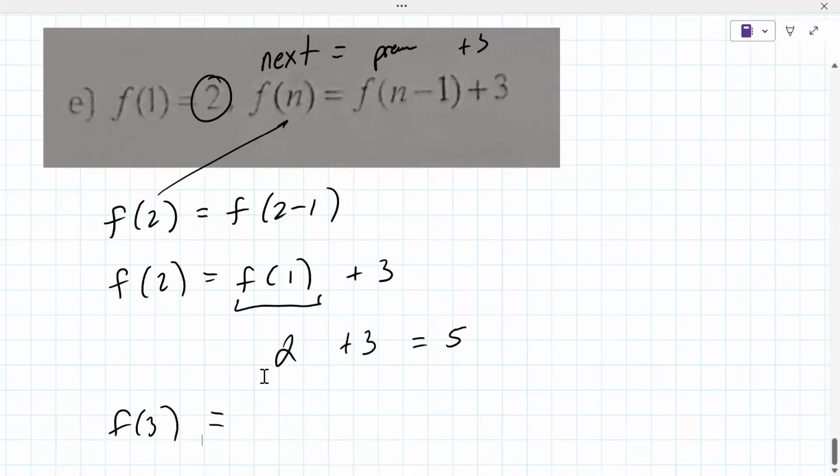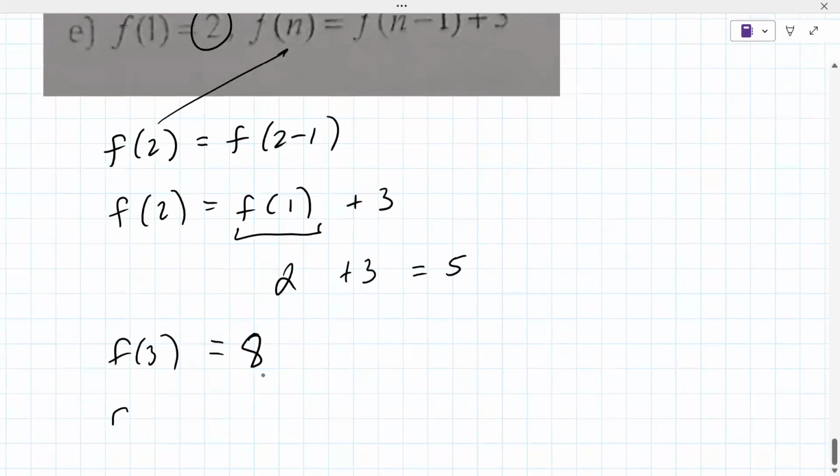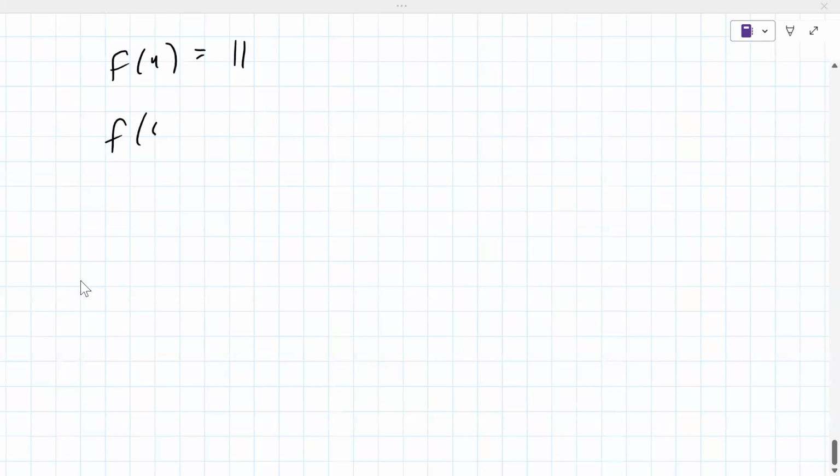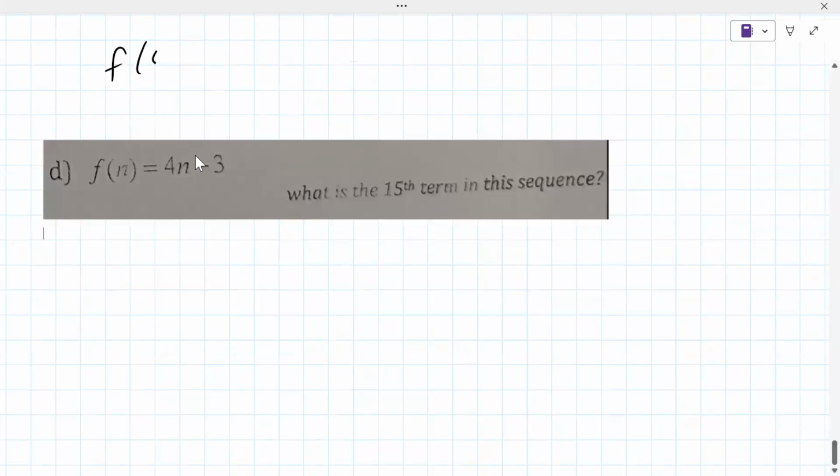What's your f of 3? I'm sorry, I missed that. 8. Yep. And then f of 4, 11. And then f of 5. Well, you actually don't need to do that. Okay, good. All right. Now there's this thing off to the right here, which says what is the 15th term of the sequence? It's formatted weirdly, referring to the last one. Do you think that refers to this or something else?